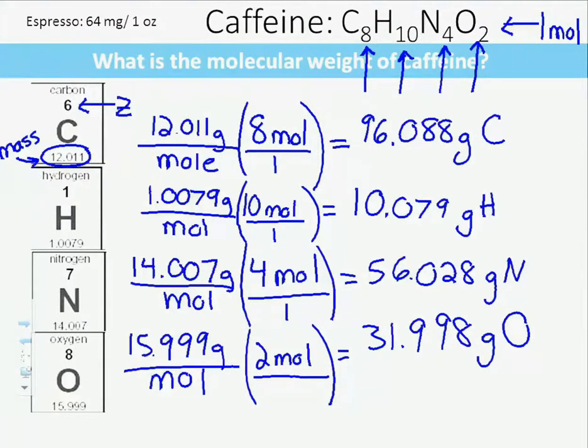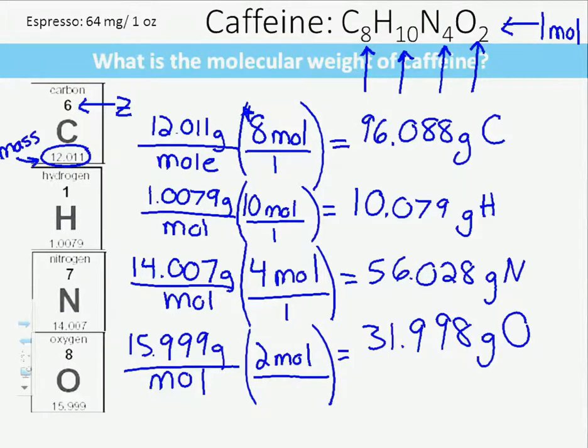So whenever you're trying to express what the molecular weight is of the whole caffeine molecule, why I broke this down for you is because that allows us to say, if you have 8 moles of carbon, then it should weigh 96.088 grams. Caffeine also has 10 moles of hydrogen, 4 moles of nitrogen, and 2 moles of oxygen.